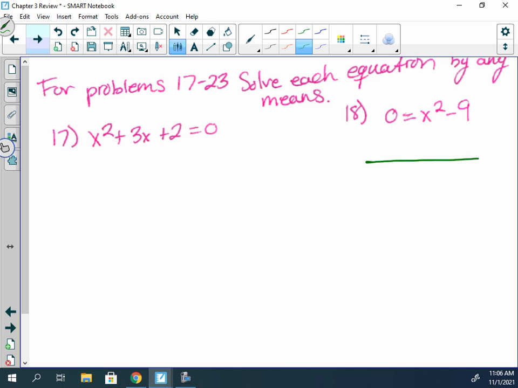And the square root method was to get the set of parentheses squared, or the variable that is squared, by itself. And the first thing we can do is add 9 to both sides, which tells me that I have x squared is equal to 9.